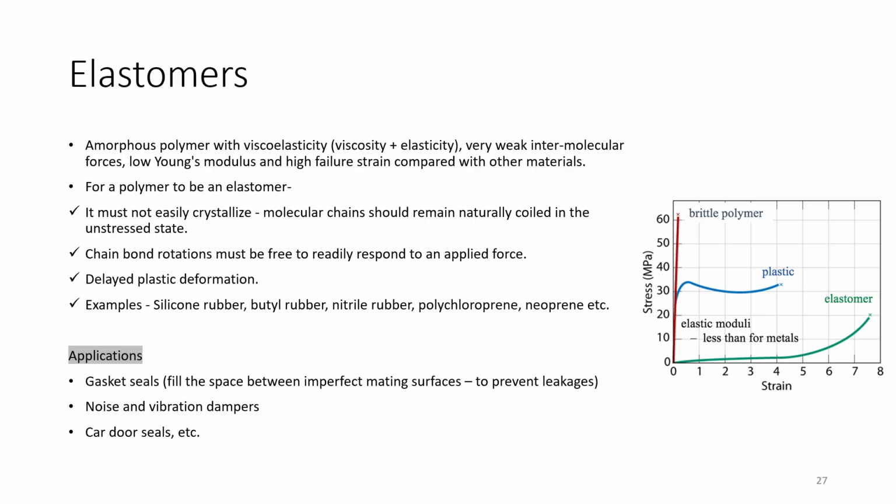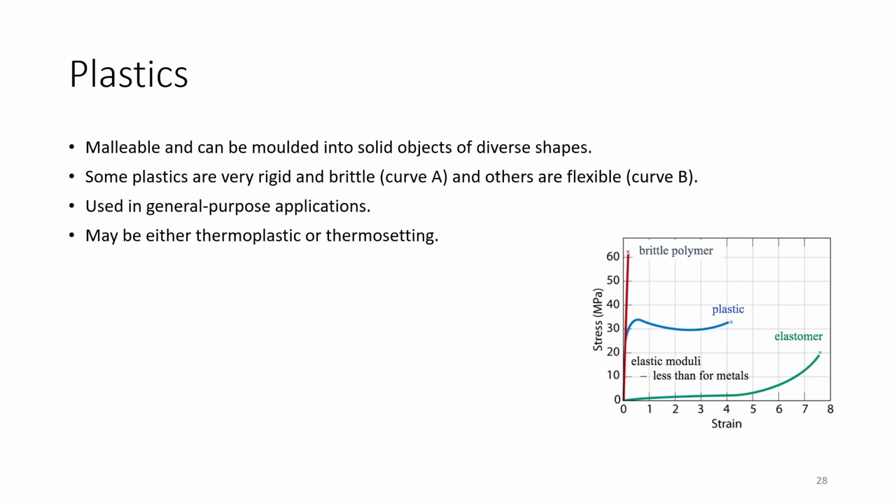The molecular chain should remain naturally coiled in the unstressed state. The chain bond rotation must be free to readily respond to an applied force. And their delayed plastic deformation, and examples are given, and some applications are also given.